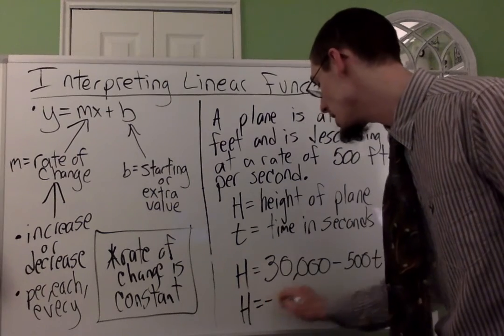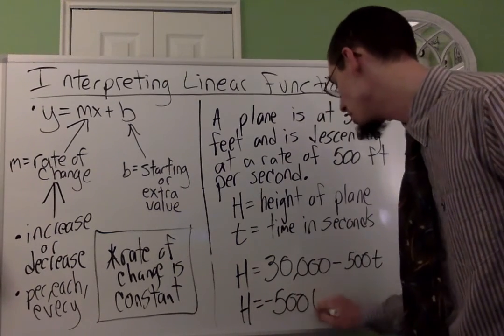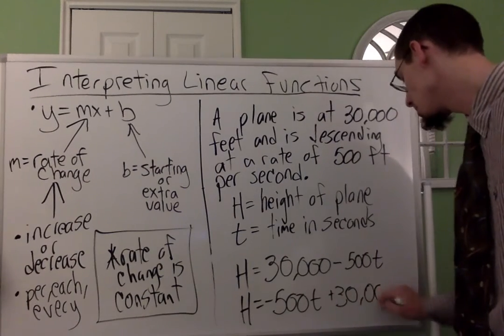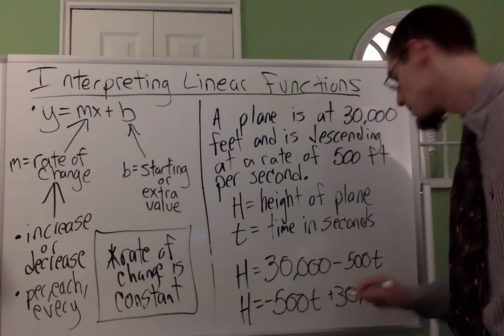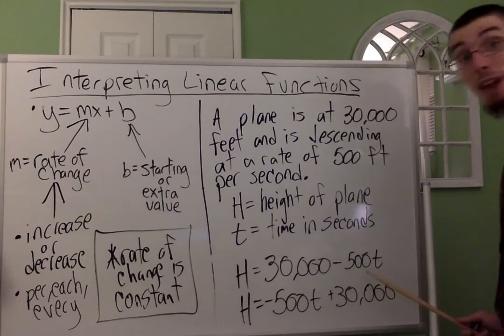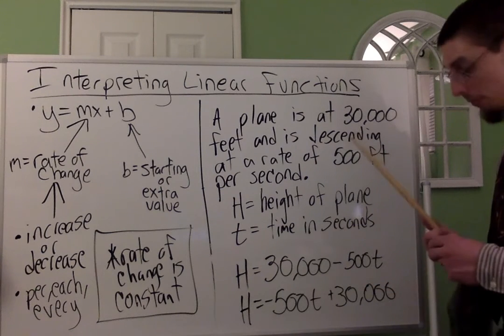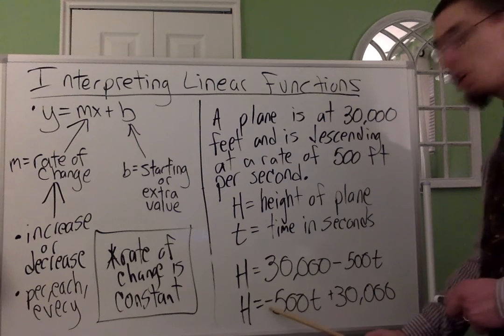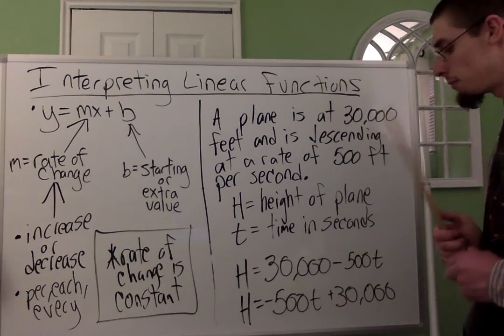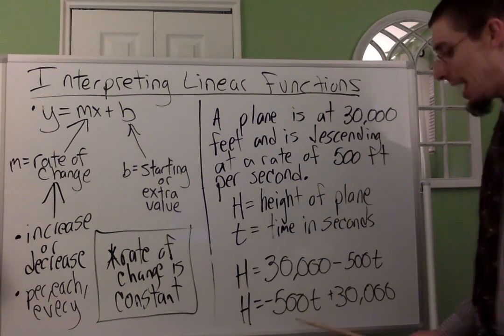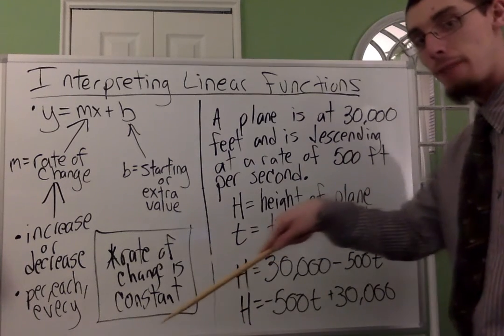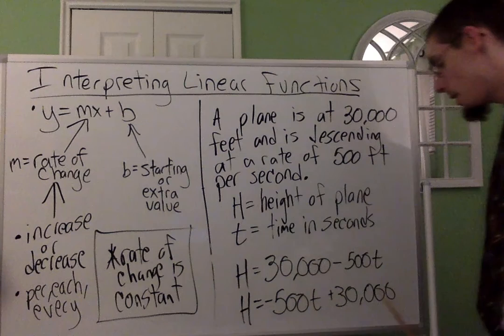So h would be negative 500t plus 30,000. That's a negative 500, right? So when you move them around, the minus sign in front of the 500 should still be there. So again, negative 500 means you're descending 500 feet per second.